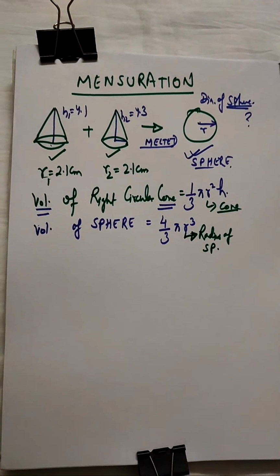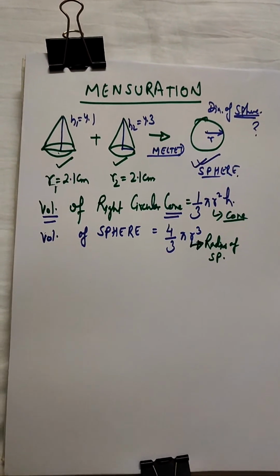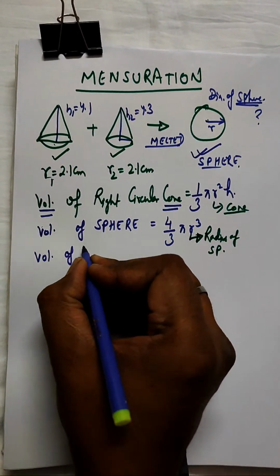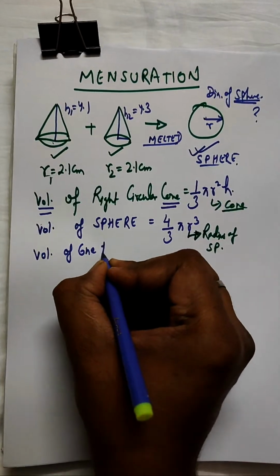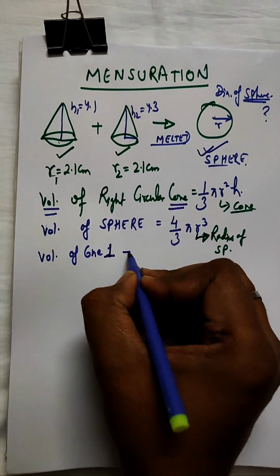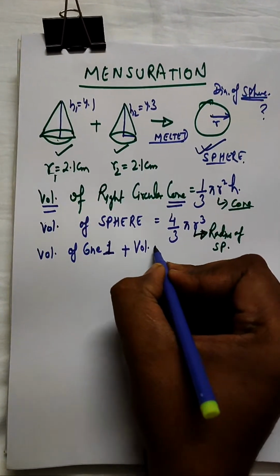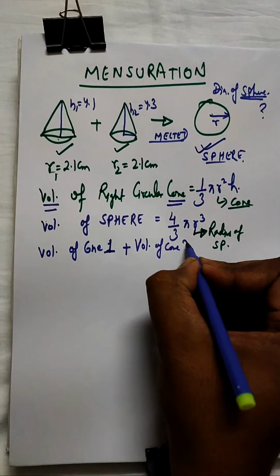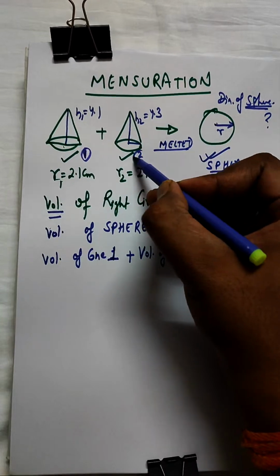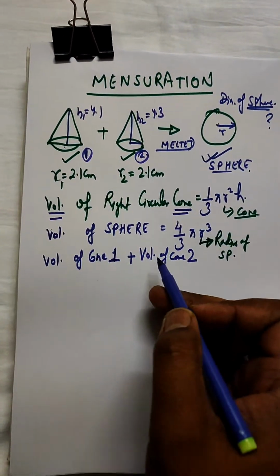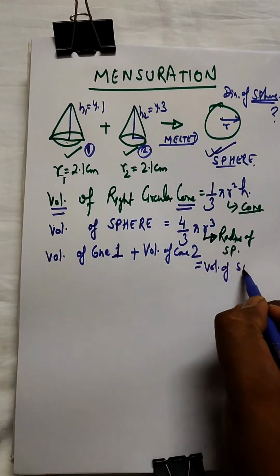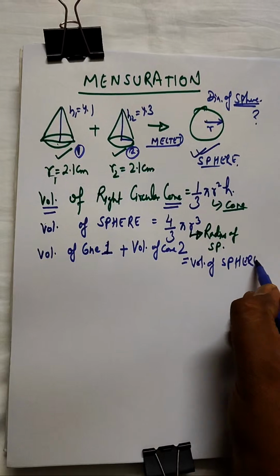So volume of cone 1 plus volume of cone 2 will be equal to the volume of a sphere.